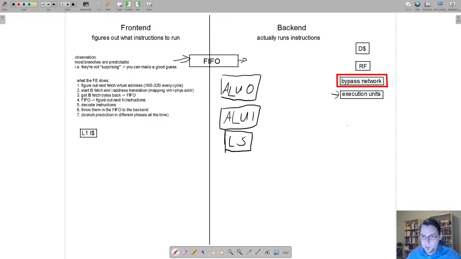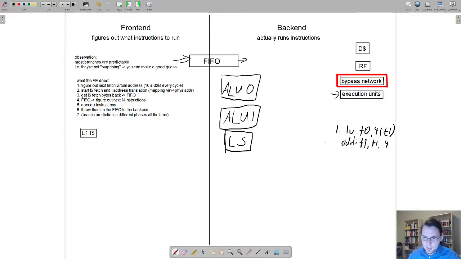The first example is you have a load word T0 from whatever, and then add T1, T1, 4.